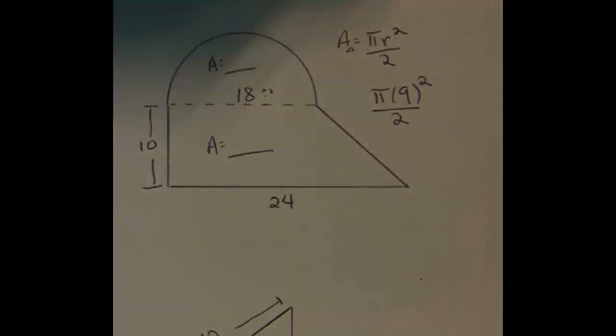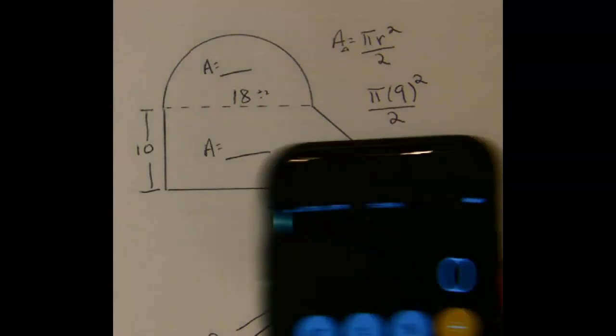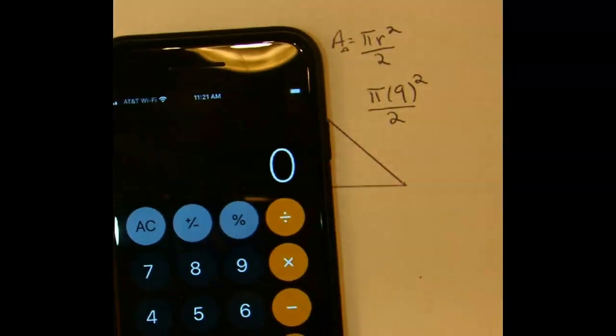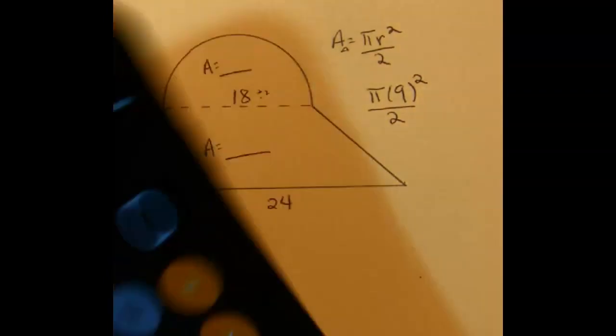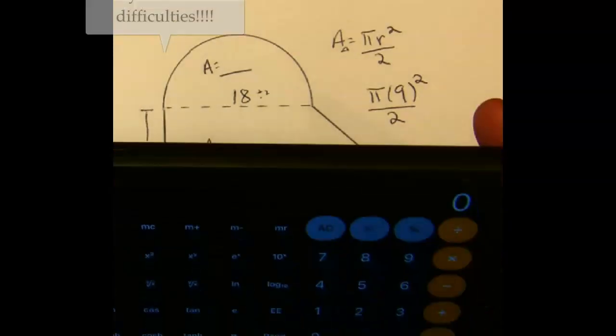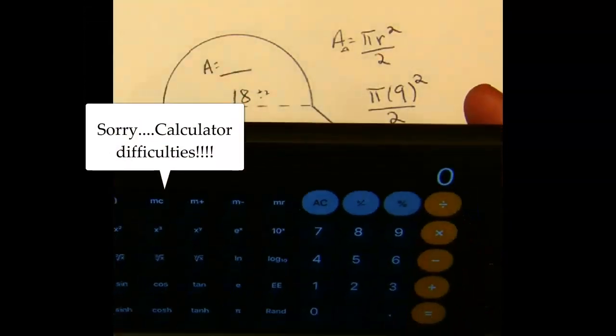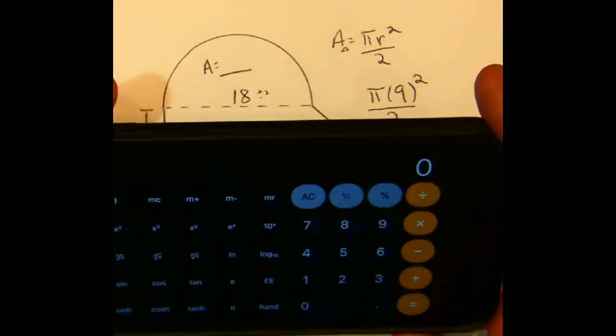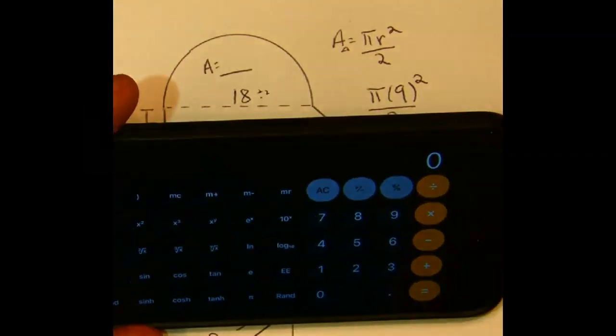Now, when y'all are working these problems, we're going to round everything to one decimal place. So let's take our calculators and let's figure out the area of the semicircle. Actually, let's turn it sideways so we can get the symbol for pi.